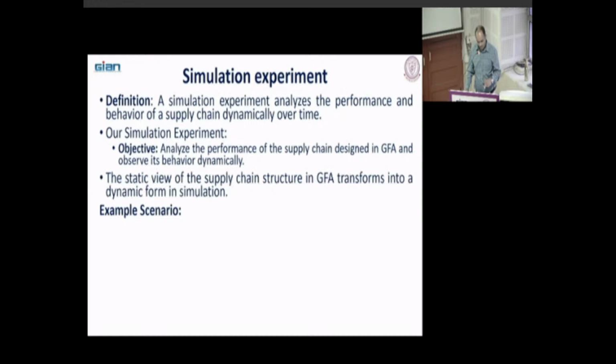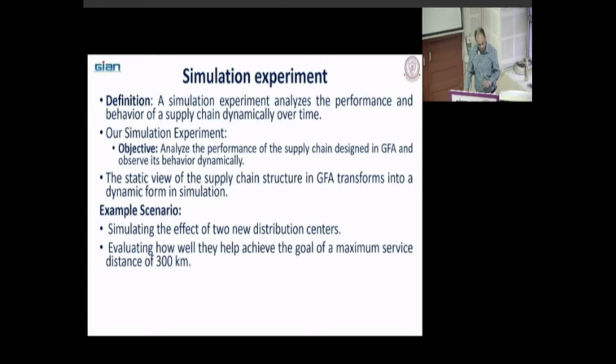The static view of the supply chain is the GFA. In GFA we don't look at it dynamically over time, but we are converting it into the simulation zone. So we are simulating the effect of 2 new distribution centers. The GFA suggested 2 new distribution centers, and we are going to see the behavior and performance of these 2 new distribution centers on the overall supply chain.